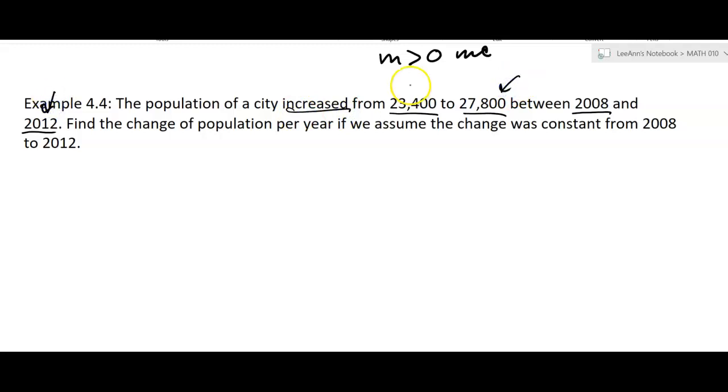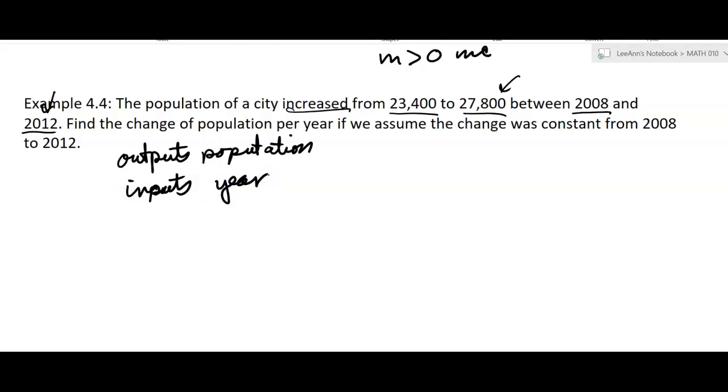So this is like my x sub, oops, no it's not, sorry. Those are outputs. Okay, so the outputs are the population, and the inputs are the year.